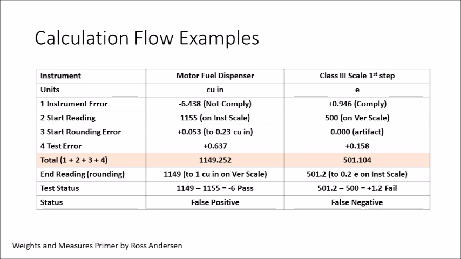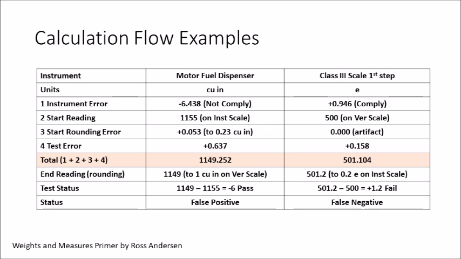But we must recognize that there's some rounding error here because that's a rounded off value. So we pick a rounding error within plus or minus a half of one scale division. We then pick a test error, plus 0.637 cubic inches. And we add those first four values together and we get 1149.252.